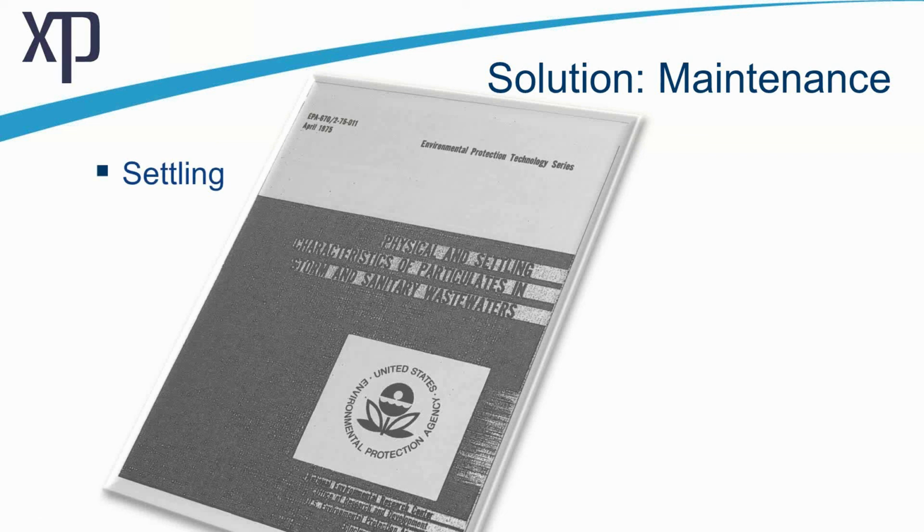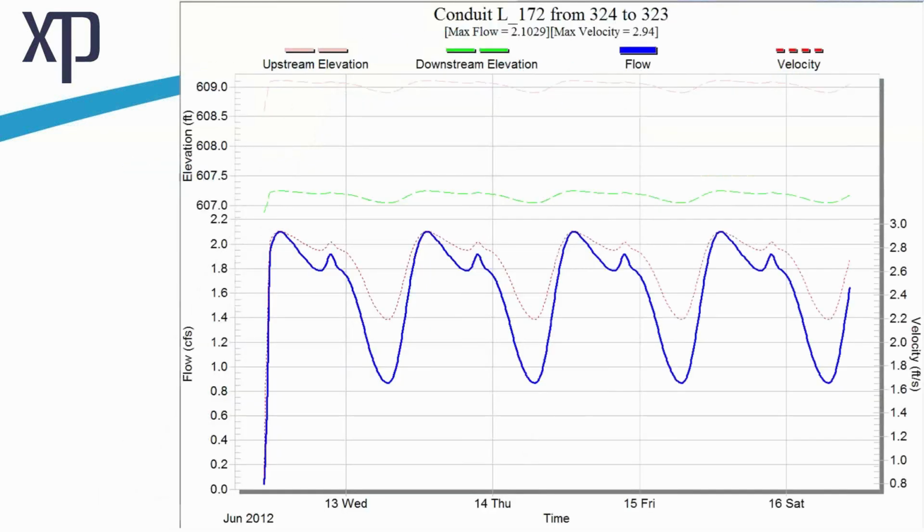So you can find some information on settling. This is not the newest one out there, but this is a good EPA guidance document on characteristics of sanitary wastewaters. Obviously, ideal if you can collect some information on your own system, but there's some information out there. Well, how could we use that? Well, in my professional history, the gold standard is 2 feet per second.